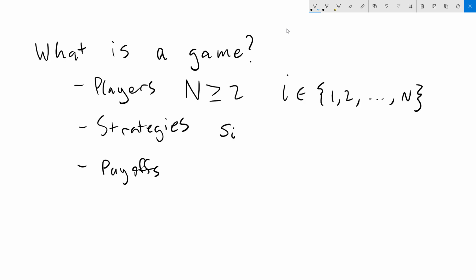Strategy s_i is the strategy that player i has chosen, and s_i has to come from a larger set of strategies that I'll call capital S_i, that are all the possible strategies that player i could pick. Note that I've used this mathematical symbol here, and that means a member of. So capital S_i is the collection of possible strategies, and player i is going to pick one of those.